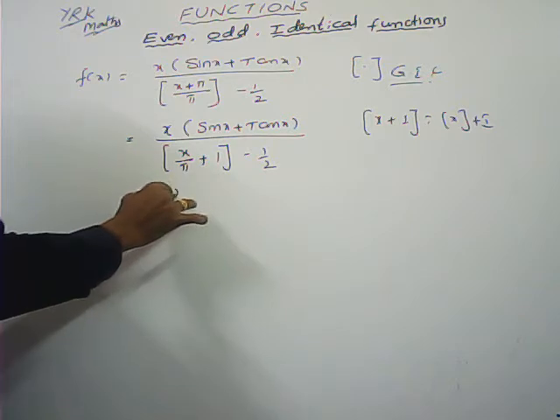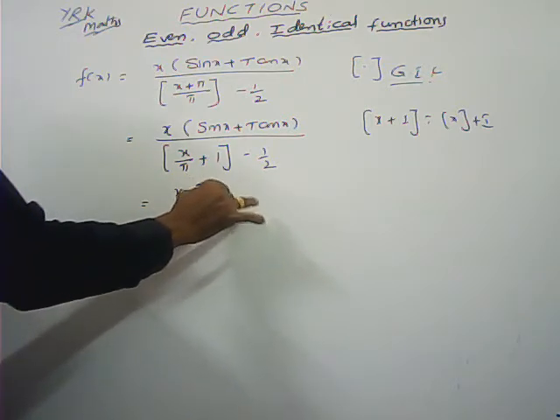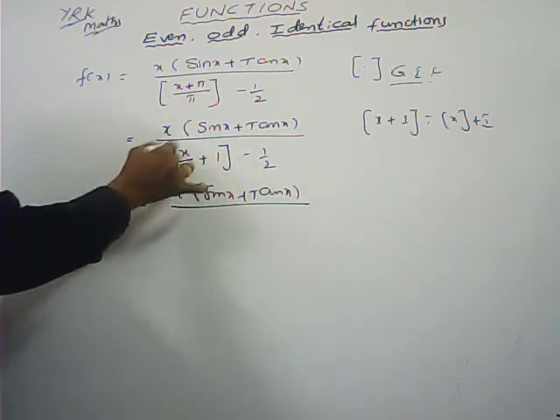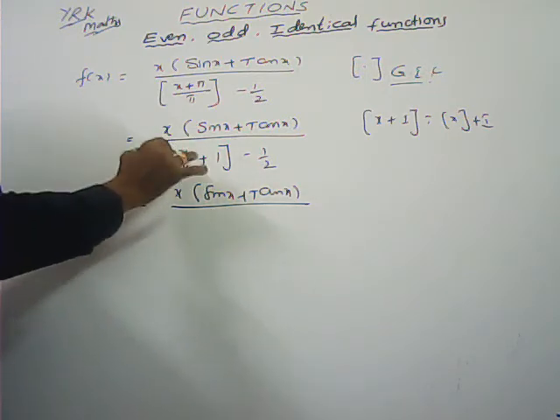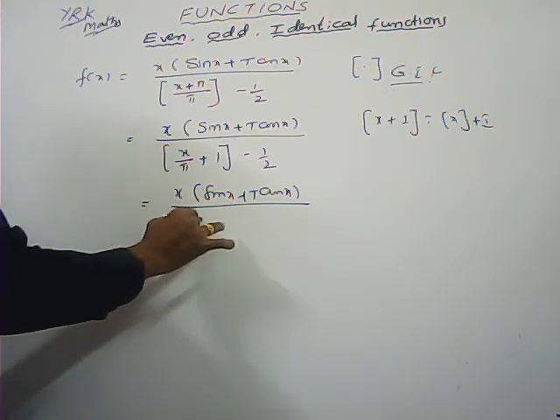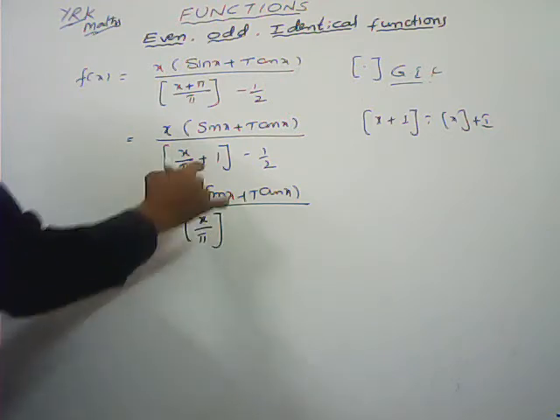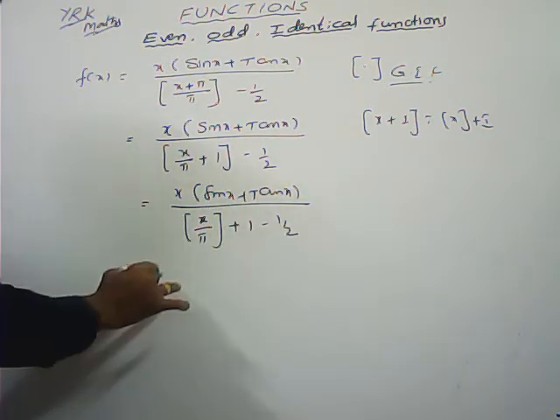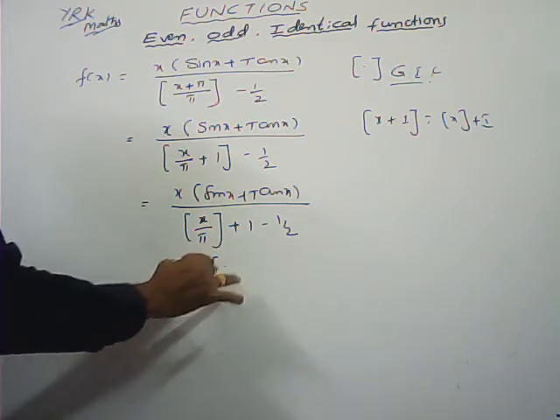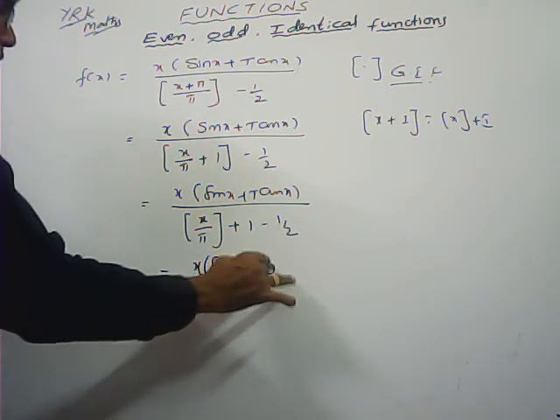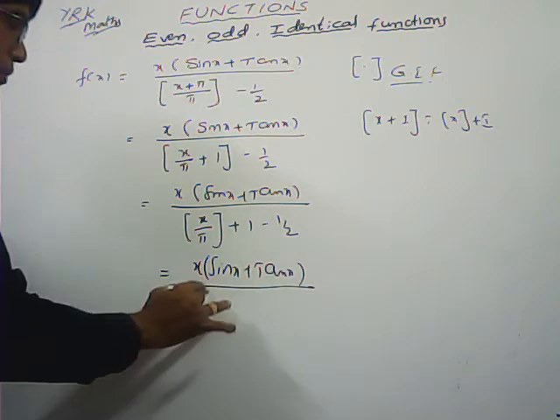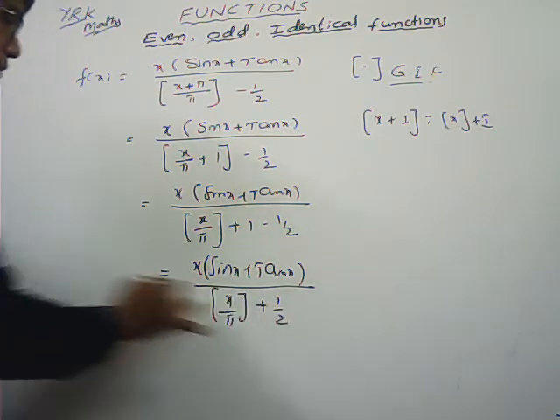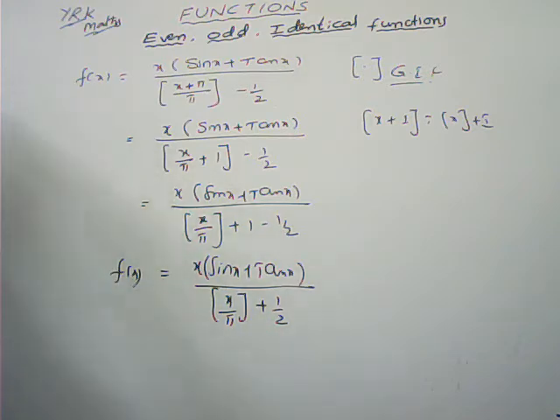That is equal to x into sin x plus tan x whole by, this one we don't know whether it is real, that is a real value only. So here we can write step of x by pi, this is the integer, so we can write separately plus 1 minus 1 by 2. That is equal to x into sin x plus tan x upon step of x by pi plus 1 by 2.